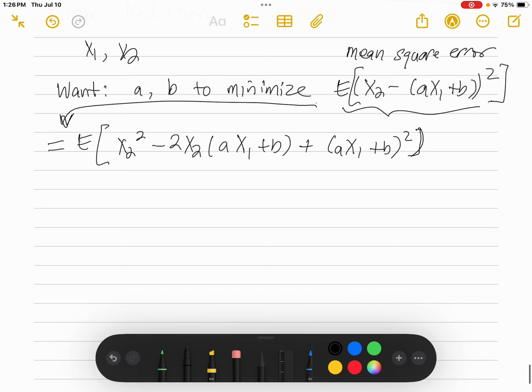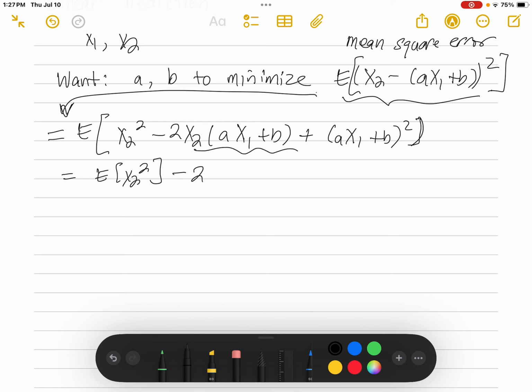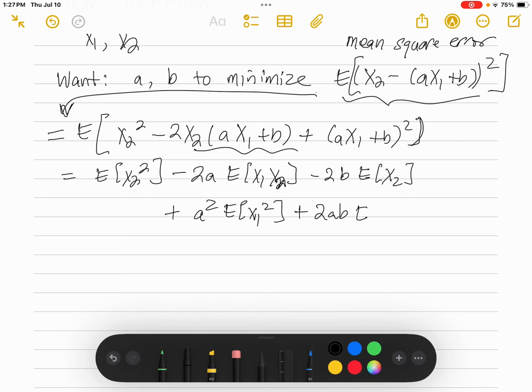Now we apply linearity, and we get the expectation of x2 squared minus 2a times the expectation of x1 x2 minus 2b times the expectation of x2 plus a squared times the expectation of x1 squared plus 2ab times the expectation of x1 plus b squared.